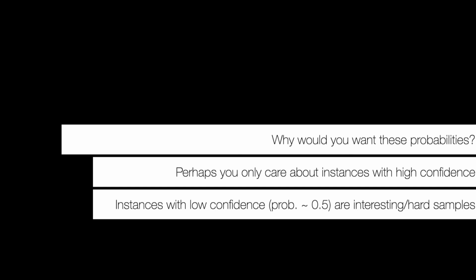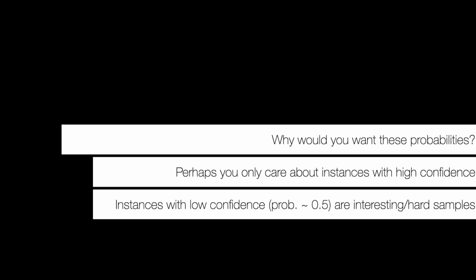But instances that are between, maybe say 0.45 and 0.55, are instances that are going to get labeled. However, they're hard to label. It's not very clear which side of the decision boundary they're on.